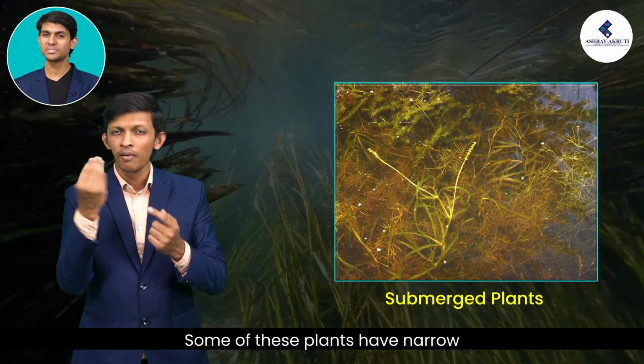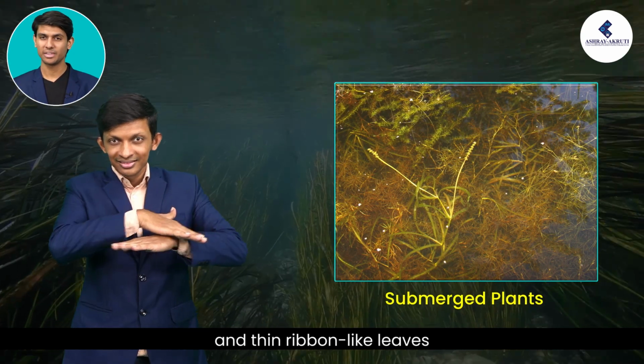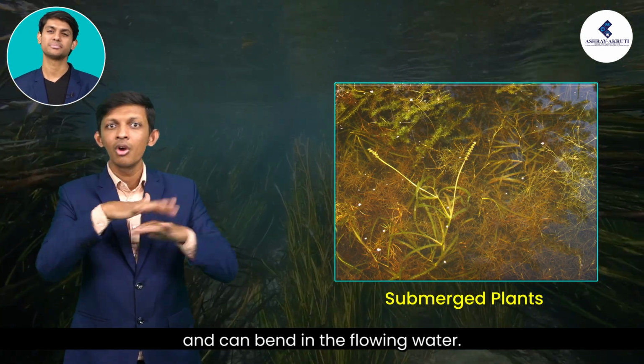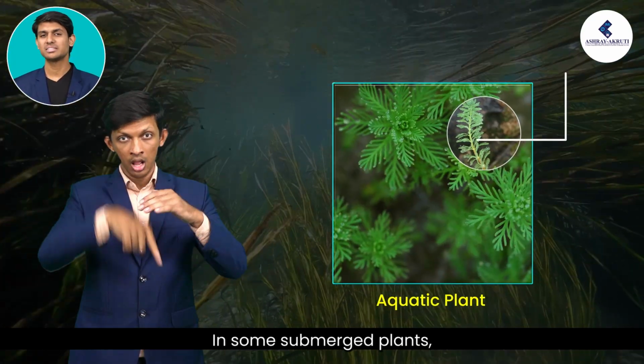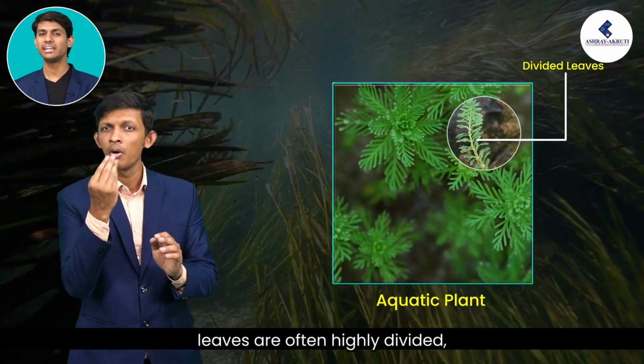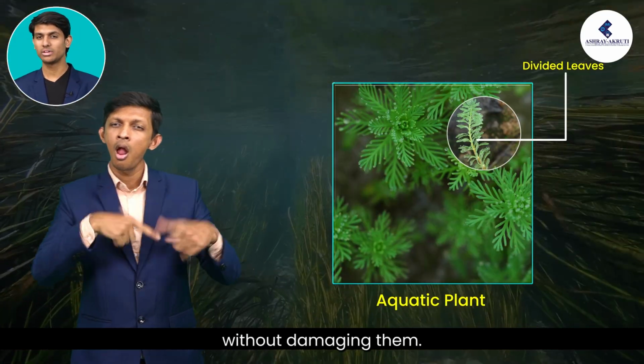Some of these plants have narrow and thin ribbon-like leaves and can bend in the flowing water. In some submerged plants, leaves are often highly divided, allowing water to flow through without damaging them.